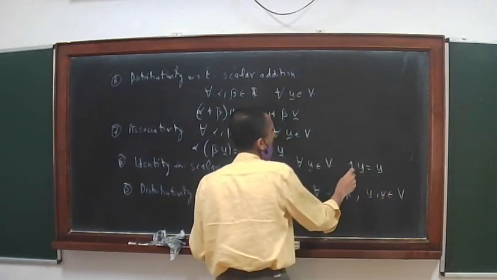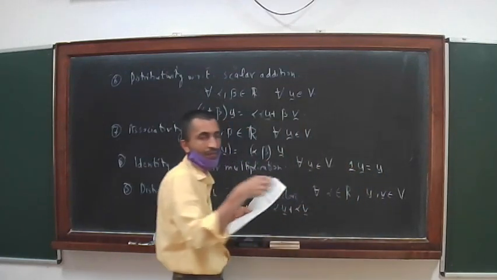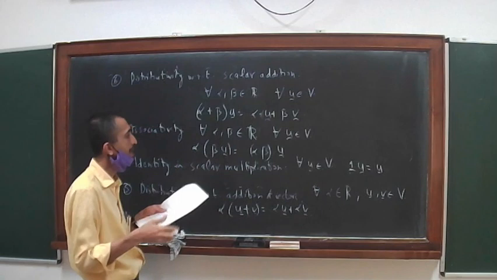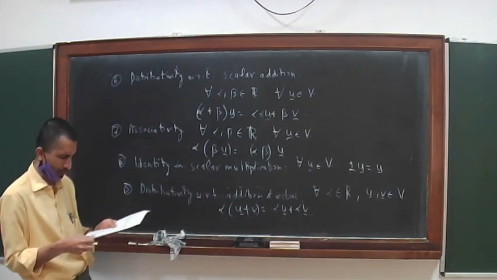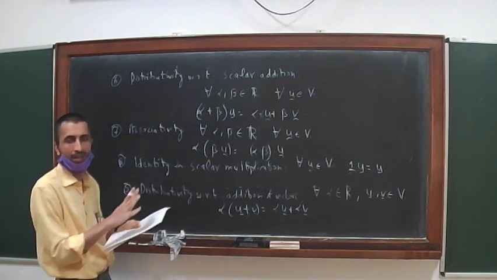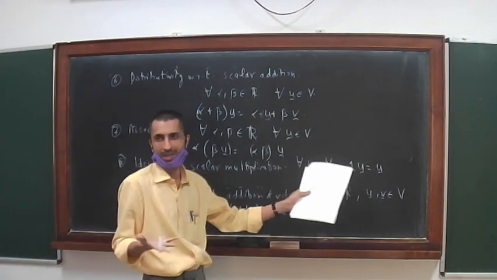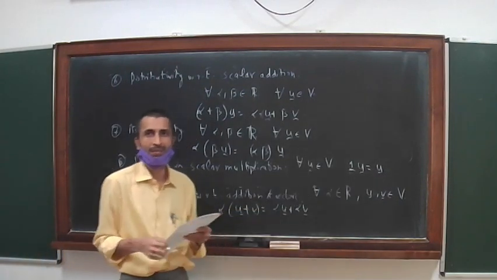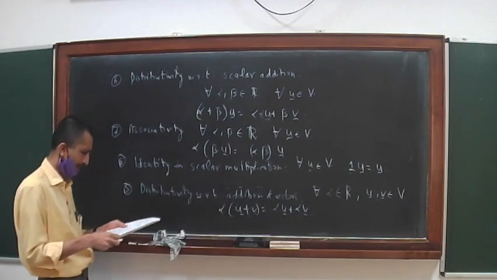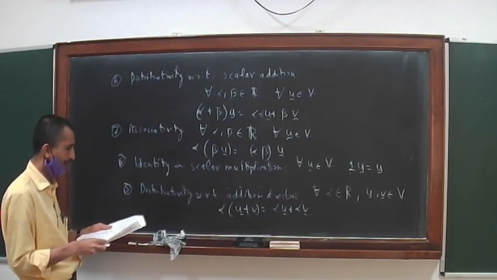So this 1 here is the identity element. If the identity element multiplies any element u, you get back u. As I said, there is an analogy with just numbers: if you multiply any number by 1, you get the same number. Similar to that, this is an identity in scalar multiplication.